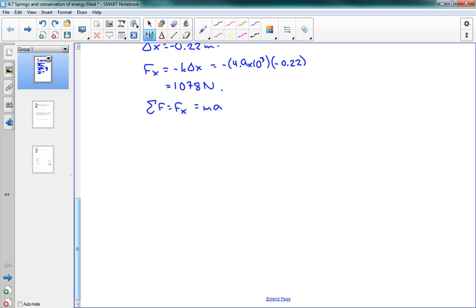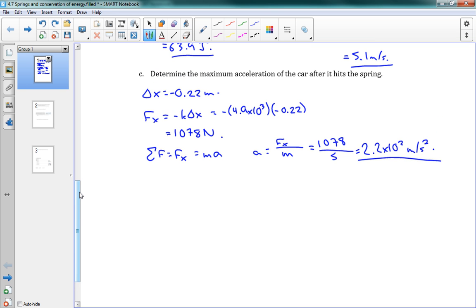And so to solve for acceleration, a is equal to Fx over m, which is 1078 over 5, which gives us 2.2 times 10 to the 2 meters per second squared. There we go. That's that whole problem done. Let's take a look at the next page.